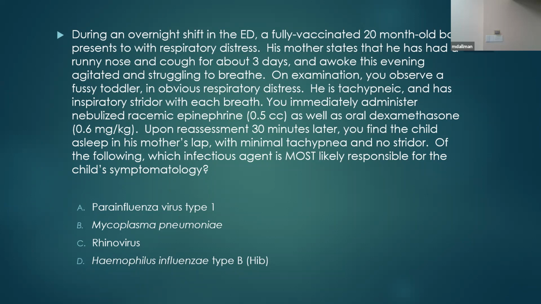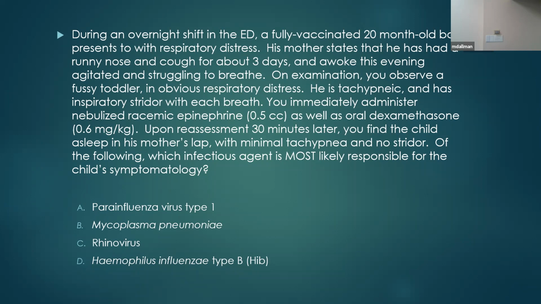Upon reassessment 30 minutes later, you find the child asleep in mother's lap with minimal tachypnea and no stridor. Of the following, which infectious agent is most likely responsible for the child's symptoms? Parainfluenza virus, Mycoplasma pneumoniae, or Haemophilus influenzae type B.